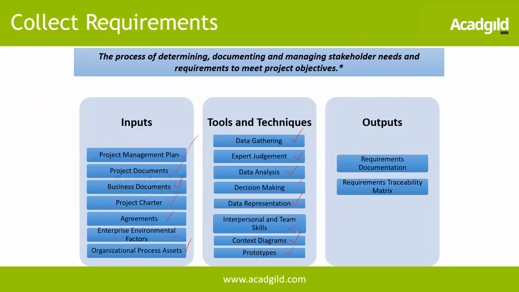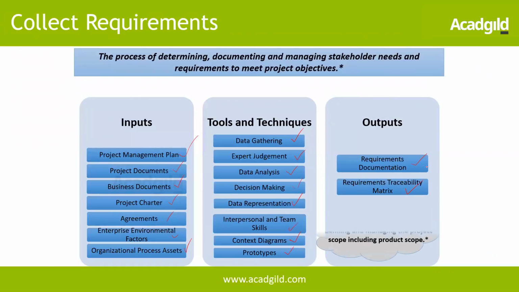There are multiple ways of gathering the requirements. So those are some of the things that we will be looking at. And the output is going to be requirements documentation, and this is very, very important, the requirements traceability matrix. So we'll just talk about that shortly.